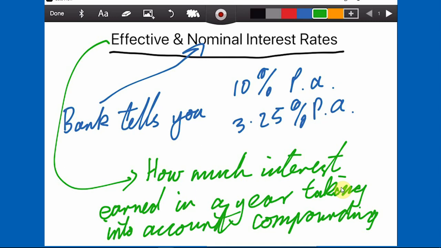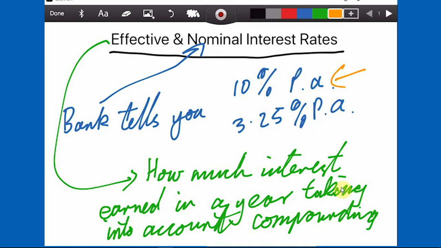So the 10% here, for example, if it's 10% per annum and your interest is compounded monthly, the total amount of money that you get in interest over 12 months would be different to if it's 10% and it's just compounded once in that 12 months.